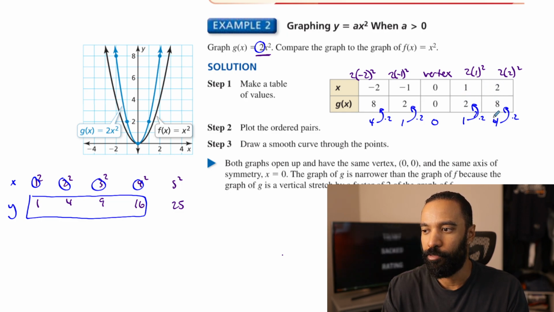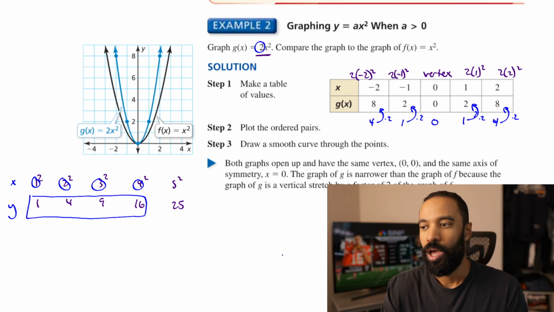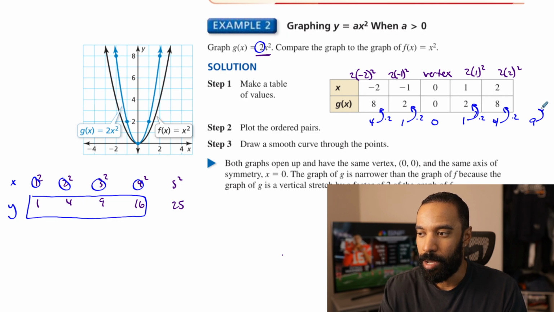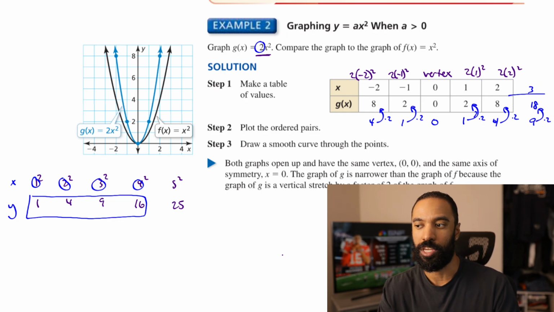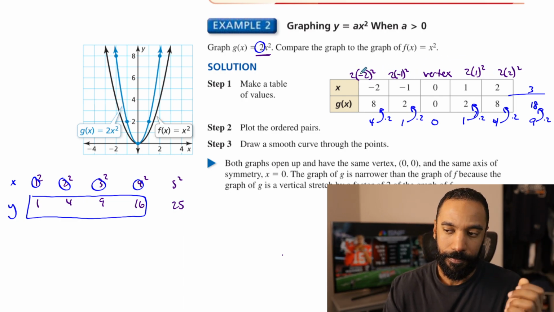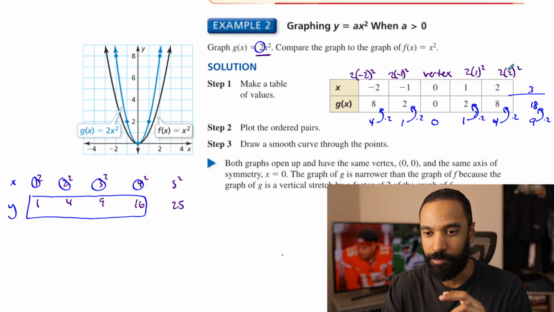Over 2, up 4, doubled. Over 1 this way, up 1, doubled. Over 3, I'd go up 9 and doubled. What's 9 doubled? 18. Now, I can't fit that on the graph, but that's what the other point would be. Yes, I did all that stuff with the table, or with the mindset of substituting those in for x, but I'll be even faster with it.